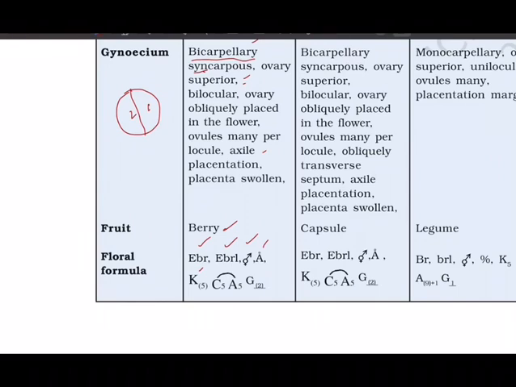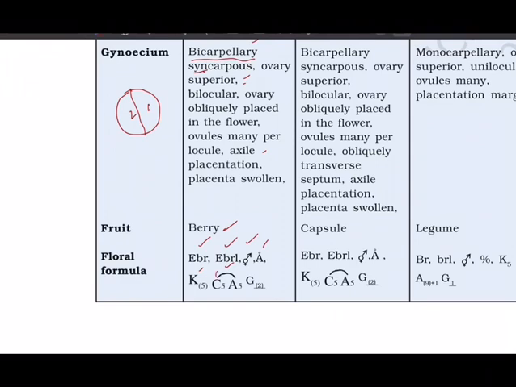And when we put 5 within brackets, it means they are fused. Then corolla, C for corolla, and these are 5 free. The petals are free. Androecium, A for androecium 5, and these 5 stamens are free, but the stamens are attached to the petals.